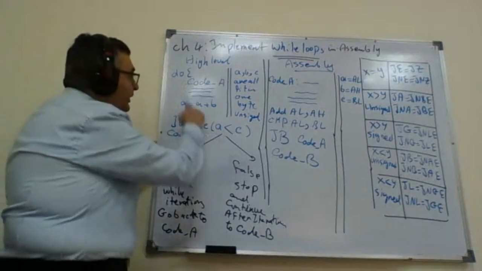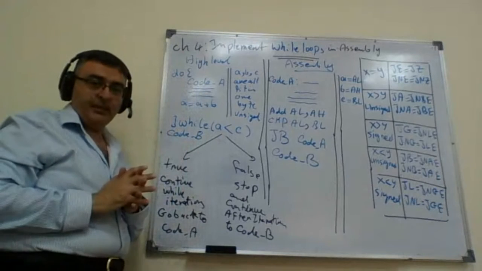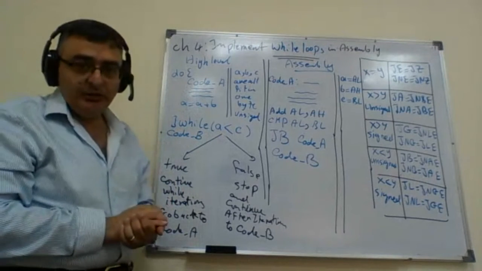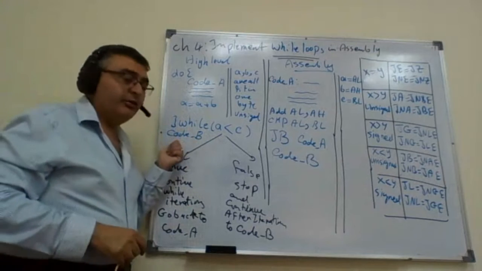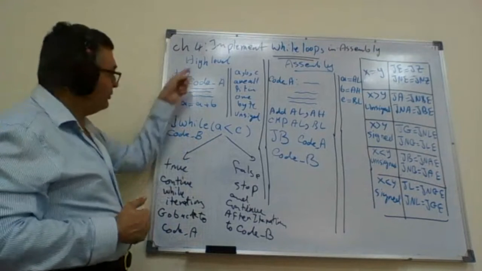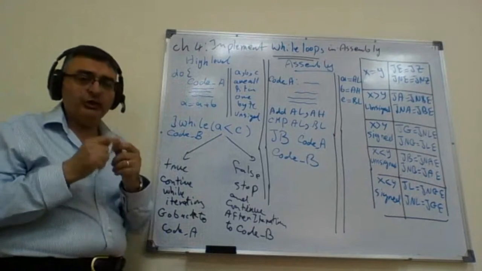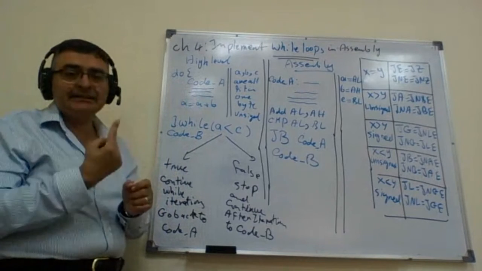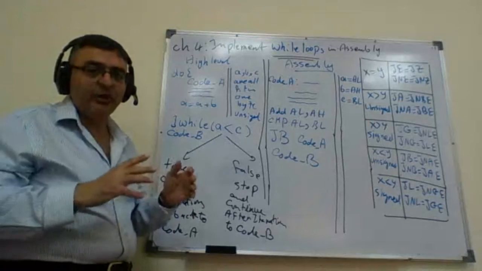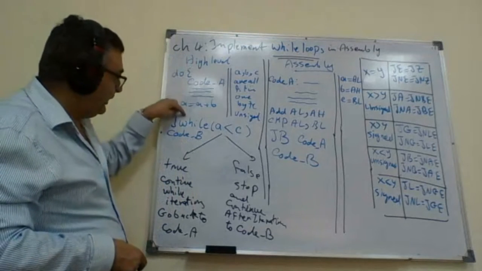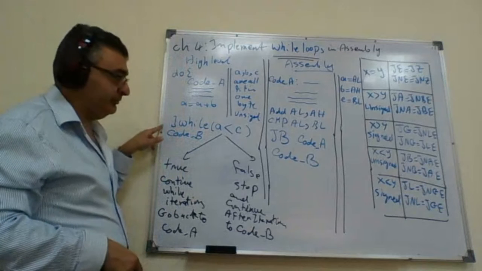How is this different from what we have seen here? Here, the code for A will be executed at least once during my code execution, because do will perform code A and then go and check the condition.